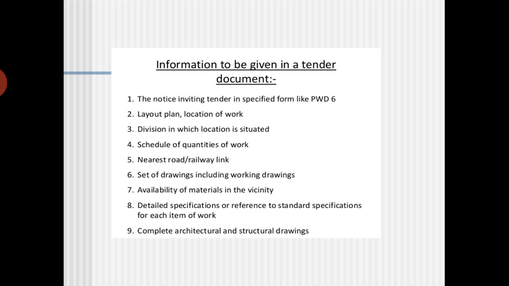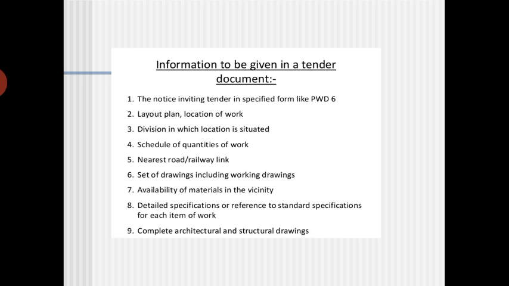Then detailed specifications or the reference to standard specifications for each of the items of the work has to be given. For example, aggregate. For aggregate, what will be the specifications? For cement, what will be the specifications?